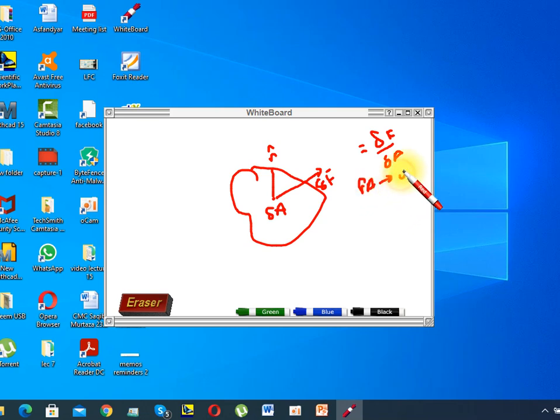Okay, so normally we call this pressure. You remember that F by A, force per unit area.